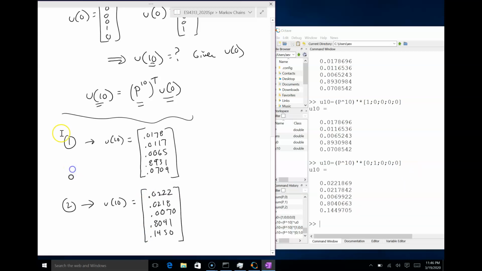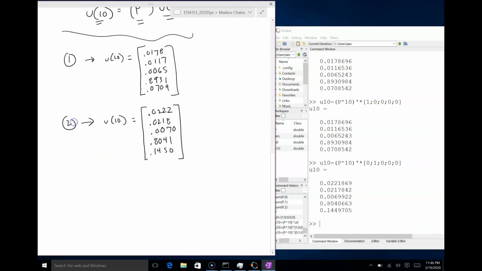Let's see what happens if we start in state 3 now. I'm going to get rid of the 1 there and put the 1 there.